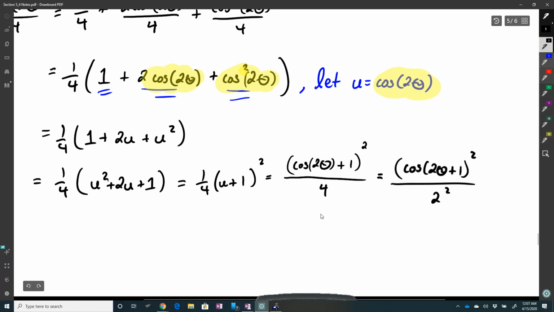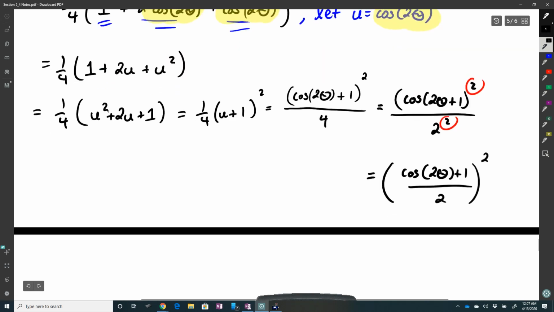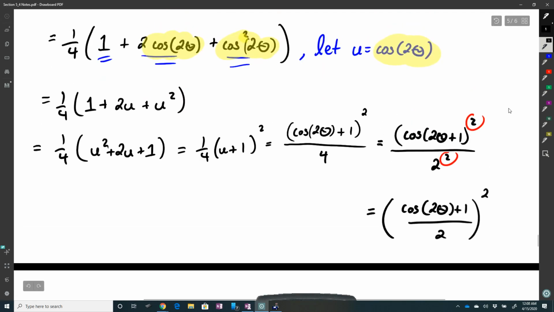So I have the same thing squared, so I can kind of go backwards, and I can say that this is cosine of 2 theta plus 1, parentheses in the wrong spot, over 2 squared.